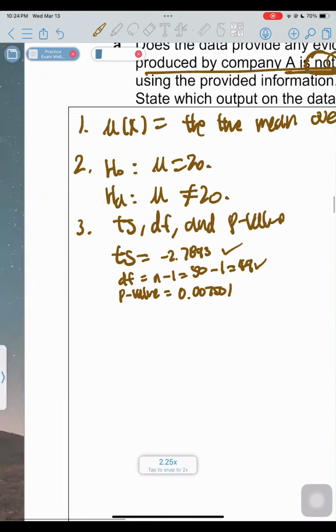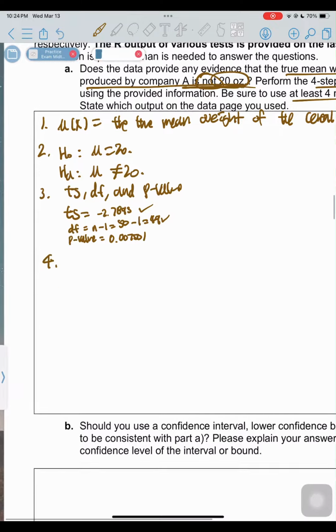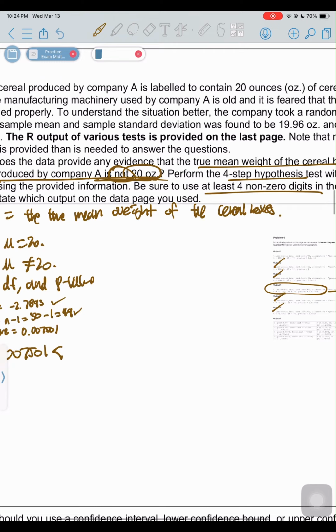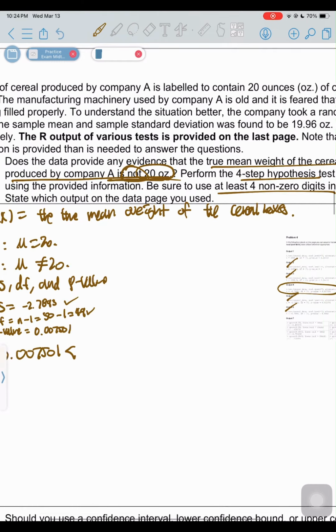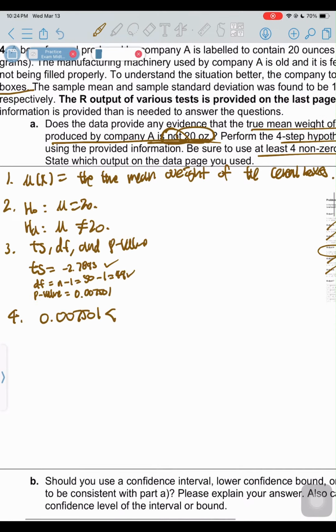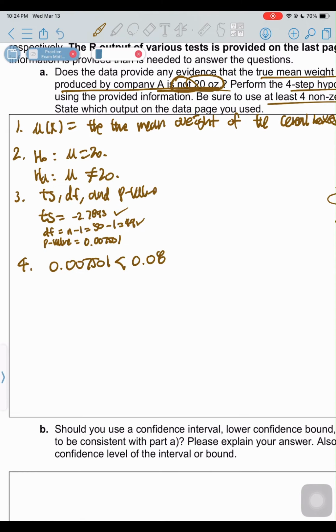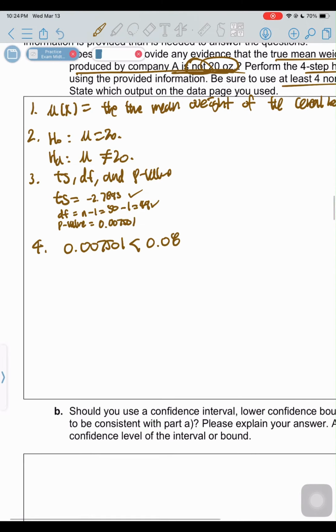That's your p-value. Okay, we have that. And now we just have to conclude. So the conclusion is, since our 0.007501 value is less than our significance level, what is it? I know it was less, 0.08. This is way less. So we are going to reject the null hypothesis.